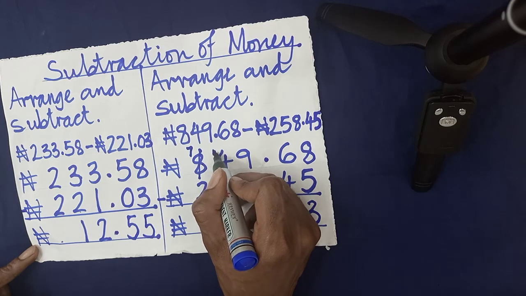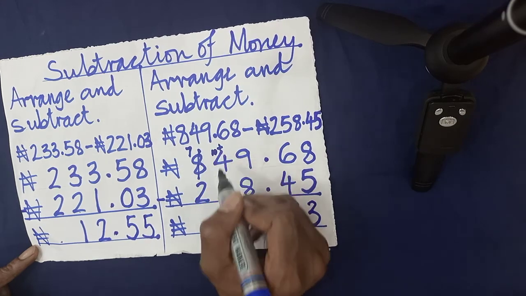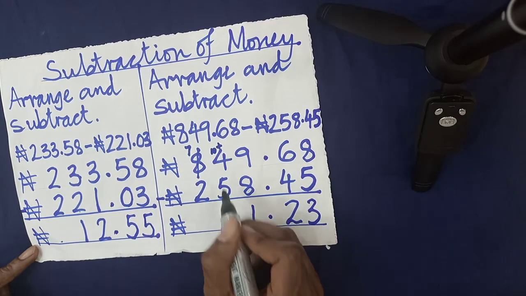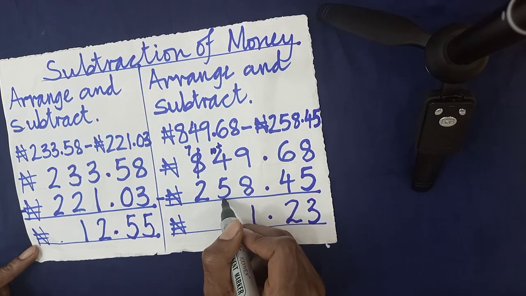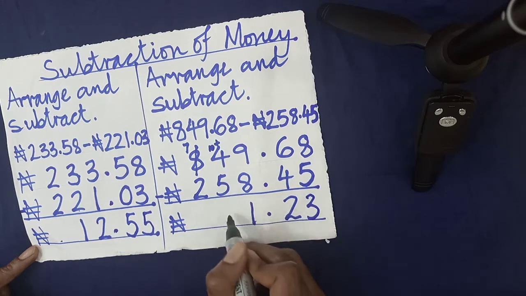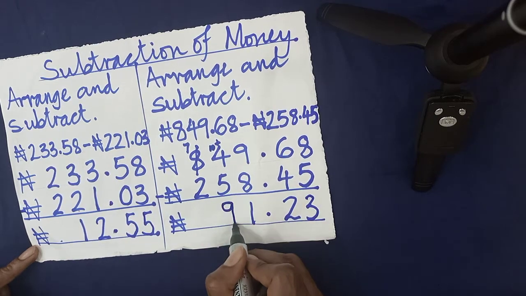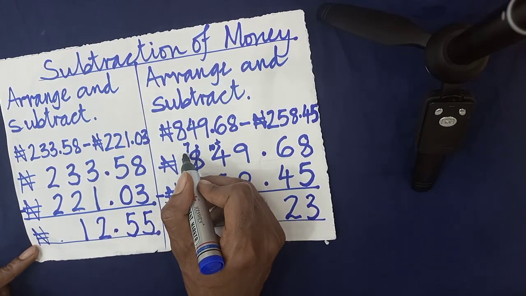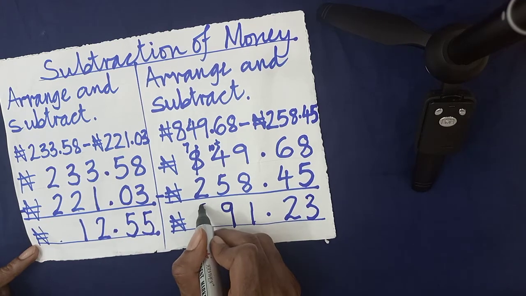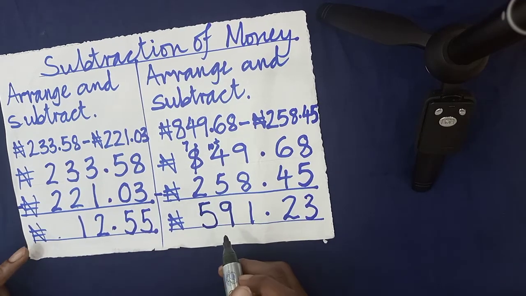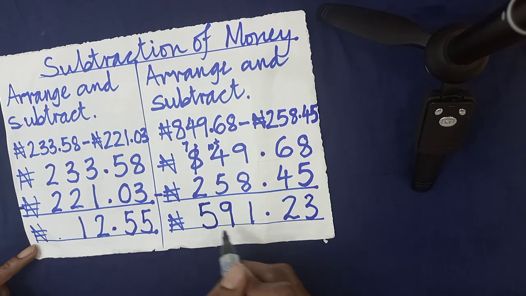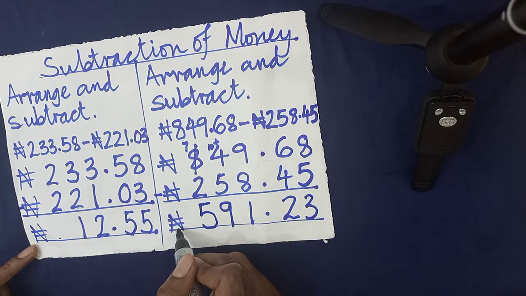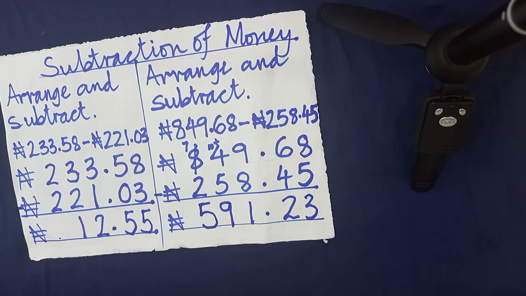Now 10 plus 4 is 14. 14 minus 5 now is possible, and it's going to give us 9, while the remaining 7 minus 2 is going to give us 5. So our answer is 591 naira 23 kobo.